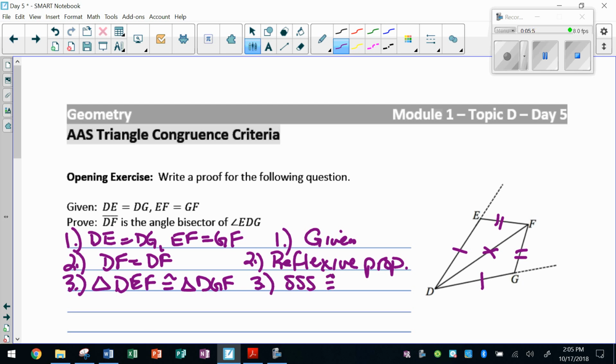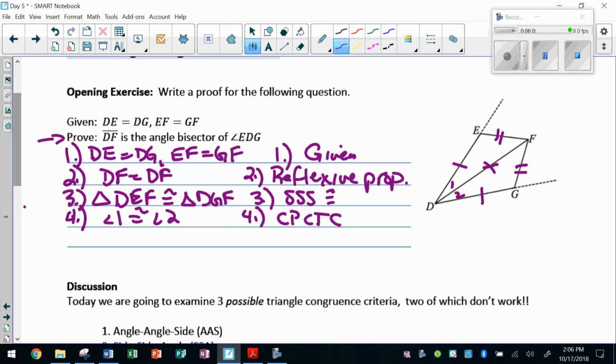But they want us to prove that DF is the angle bisector of EDG, which means for it to be an angle bisector, angle 1 and 2 have to be congruent, which they are. Angle 1 is congruent to angle 2 because corresponding parts of congruent triangles are congruent, which means that our DF is indeed an angle bisector.